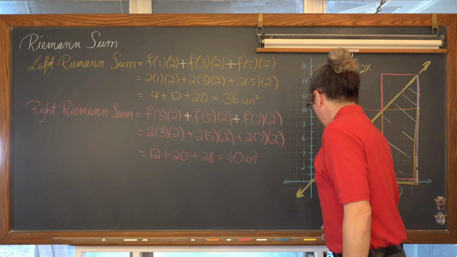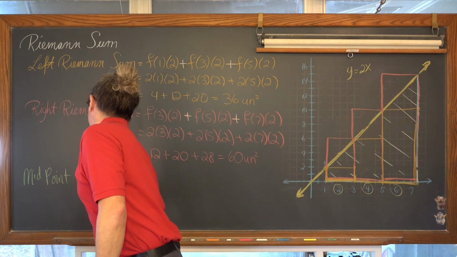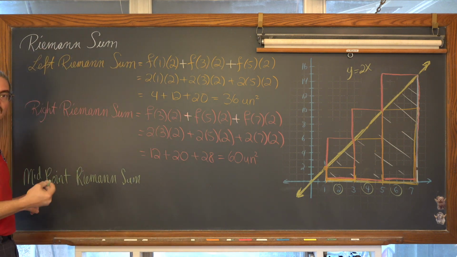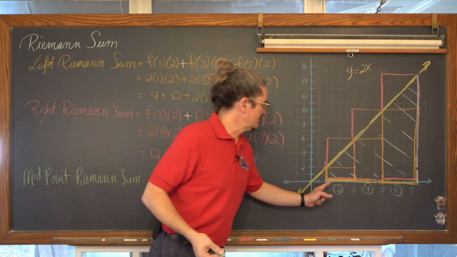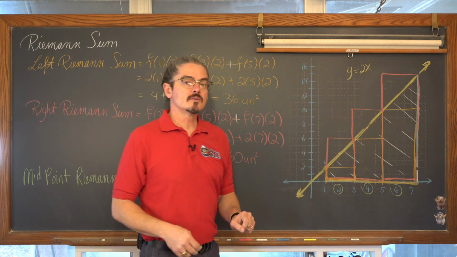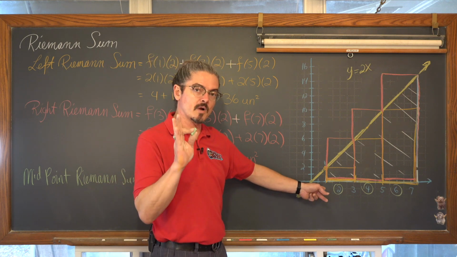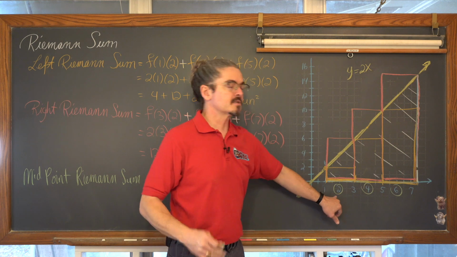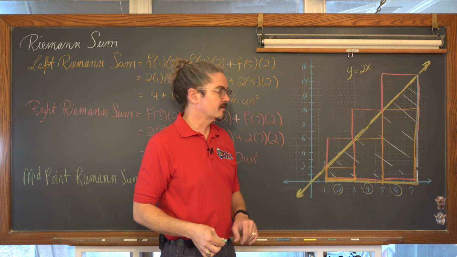Now, a midpoint Riemann sum simply says to not use the left or the right endpoints of each interval between a and b, but use the midpoint. So if we have from 1 to 7 is 6 units, and our rectangles go from 1 to 3, from 3 to 5, and from 5 to 7, just allow the x values in the middle to be the ones that determine the height of the rectangle.